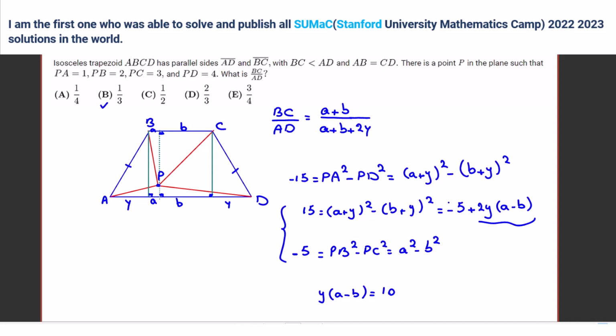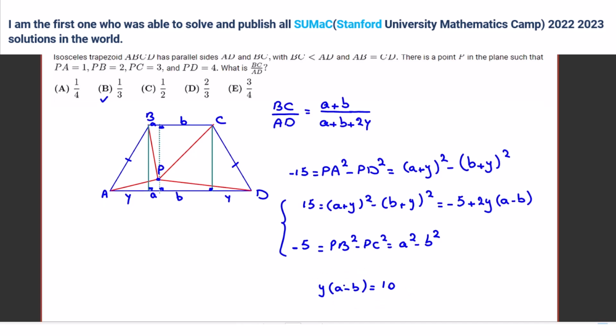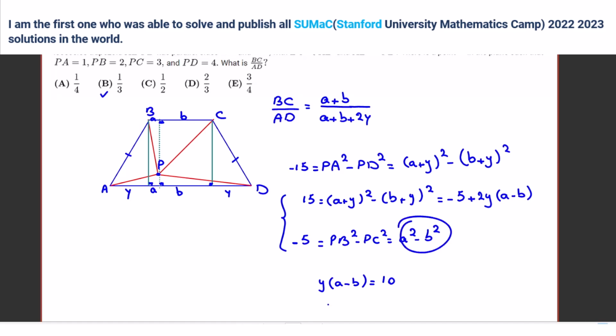I think I might have solved it a different way. Look, I expanded this and I've reached this. Agreed. Because a squared minus b squared is negative 5, y squared will cancel each other out, 2ya minus 2by. Moving negative 5 to this side, it's 5 plus 15, 20. 20 over 2, so this one is 10, right? Mm-hmm. And from this one, we know that (a minus b) times (a plus b) is negative 5, right?